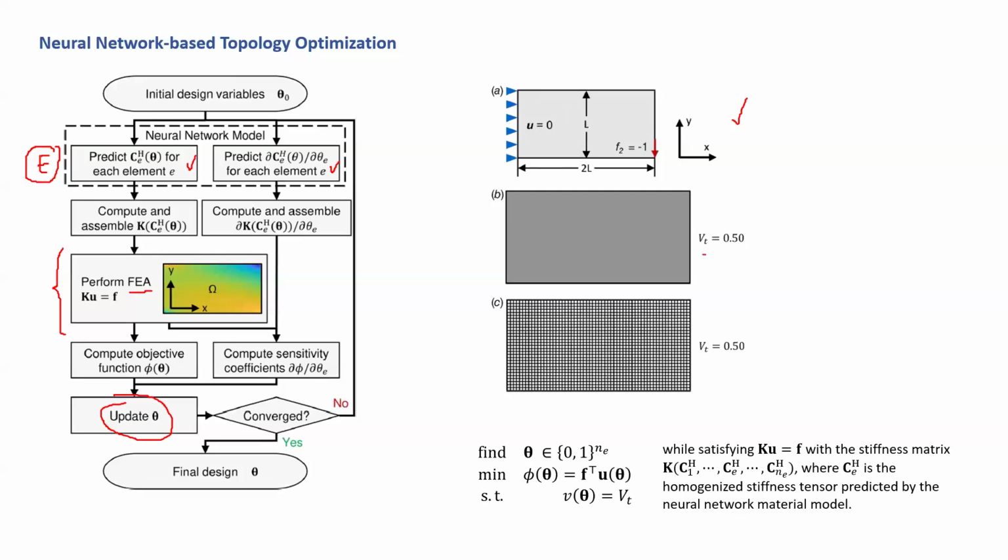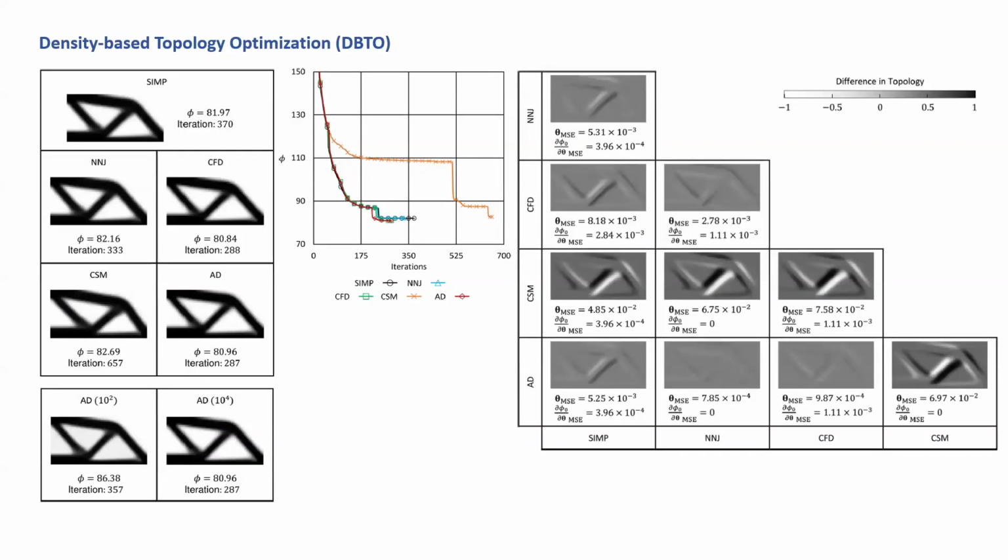This would be the initial design for density-based topology optimization, and then we have an initial design for homogenization-based topology optimization. So for the results for density-based topology optimization, we compare the final topologies with the ones that we obtained using SIMP. And this represents the error between all the approaches.